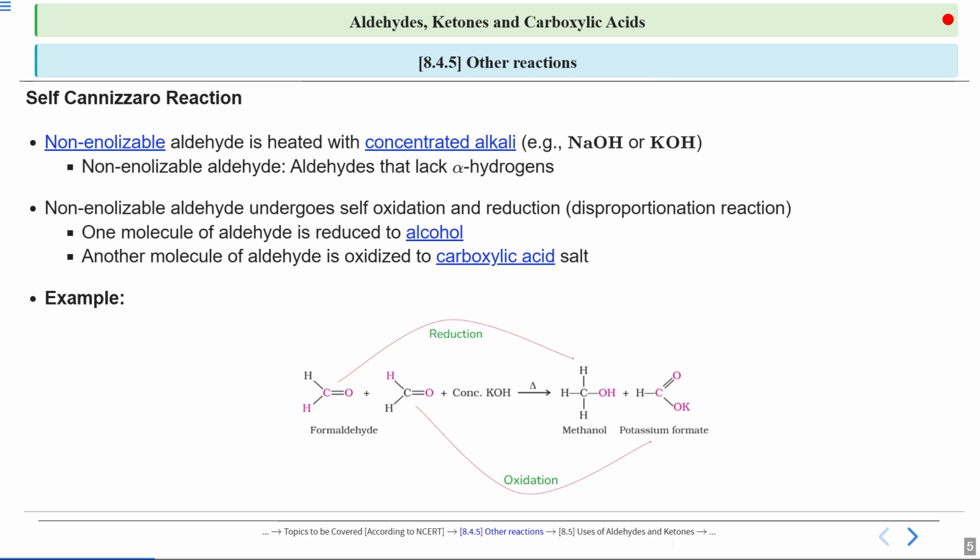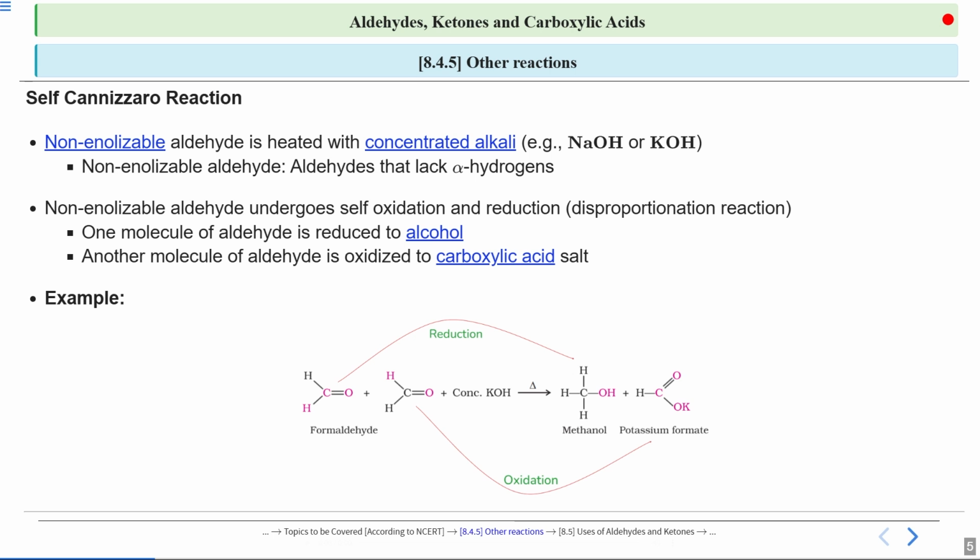If you look at this particular example of the self-Cannizzaro reaction, you will see there are two molecules of formaldehyde, which is a simple aldehyde. Here two molecules of formaldehyde undergo a disproportionation reaction with concentrated potassium hydroxide, which is KOH.